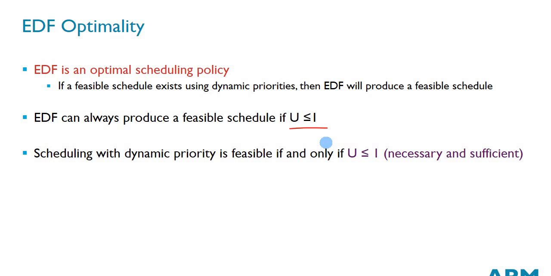For EDF, or any form of dynamic scheduling policy, where the priority is dynamic, scheduling is feasible if and only if U is less than or equal to 1. That means the utilization is less than or equal to 1, so that is a necessary as well as sufficient condition.